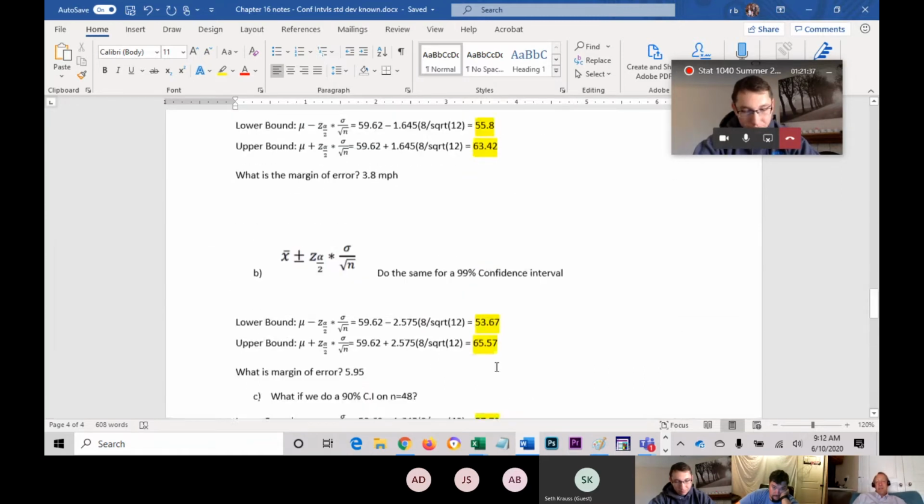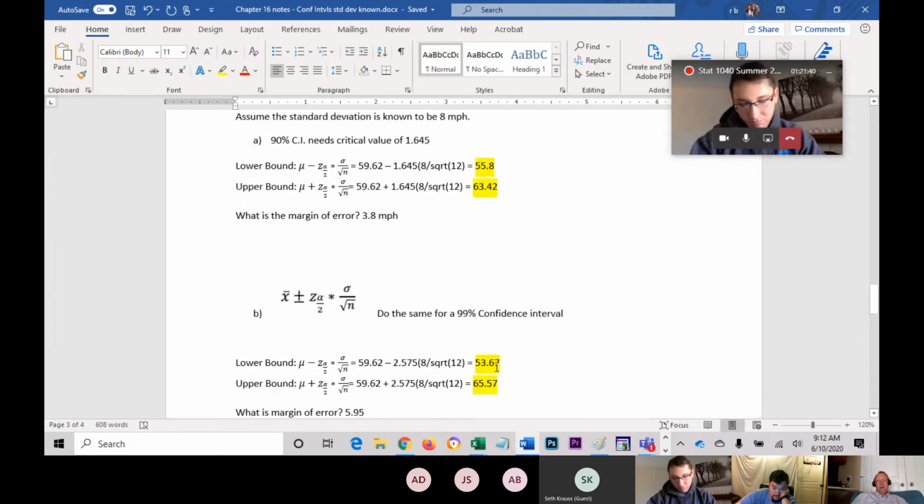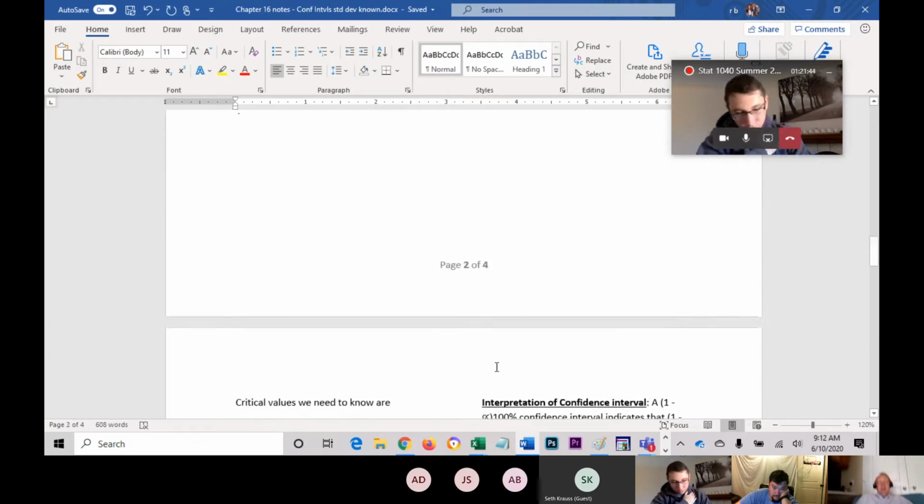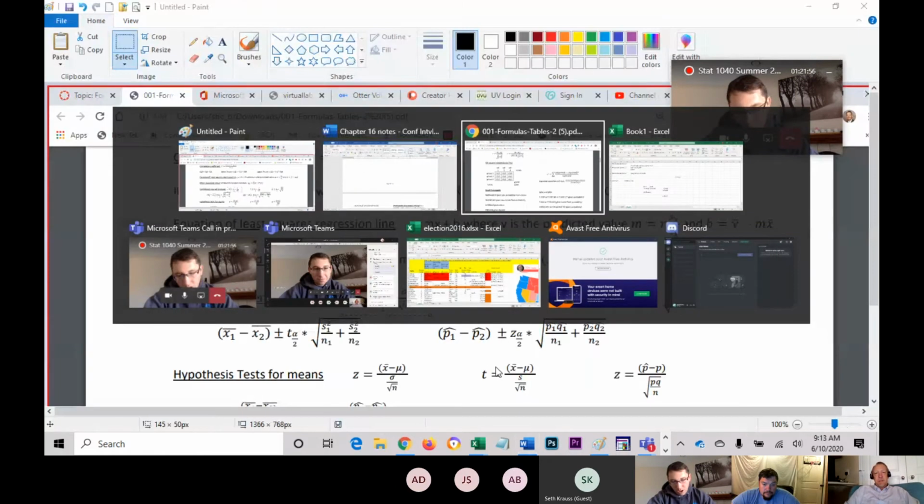Is that all I have? I feel like I should give you guys some more examples. Plus, I want to use the other confidence interval. So, let me see here.